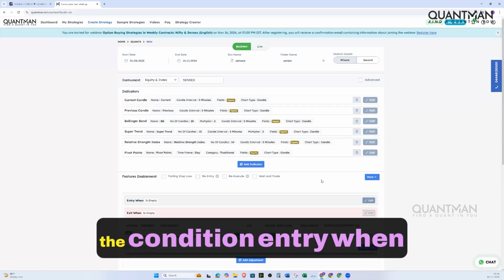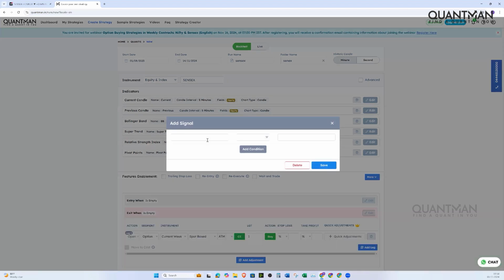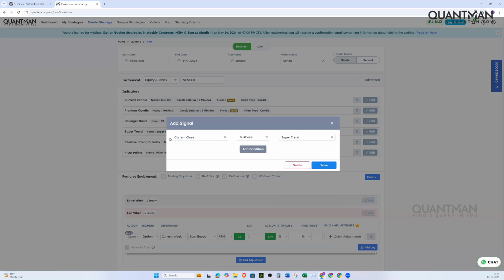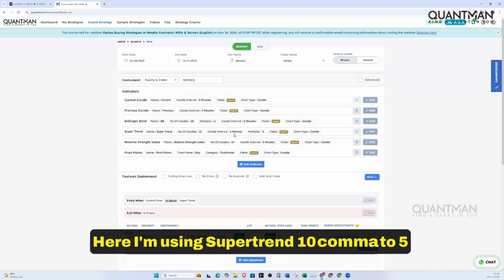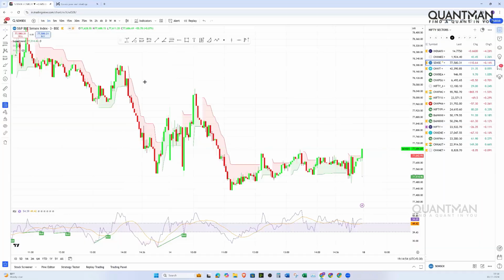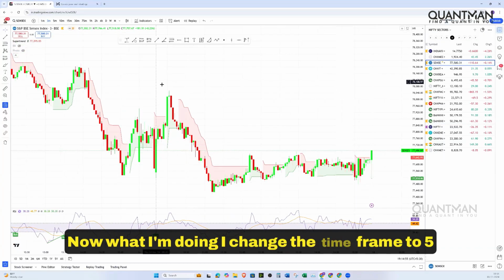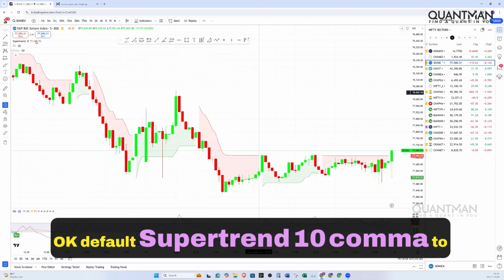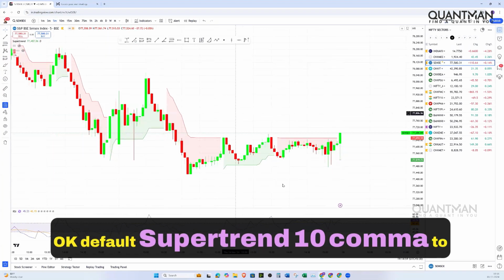Now I write the entry condition. First, current candle close is above super trend. Here I am using super trend 10, 2 on the 5 minutes time frame. Default super trend 10, 2.